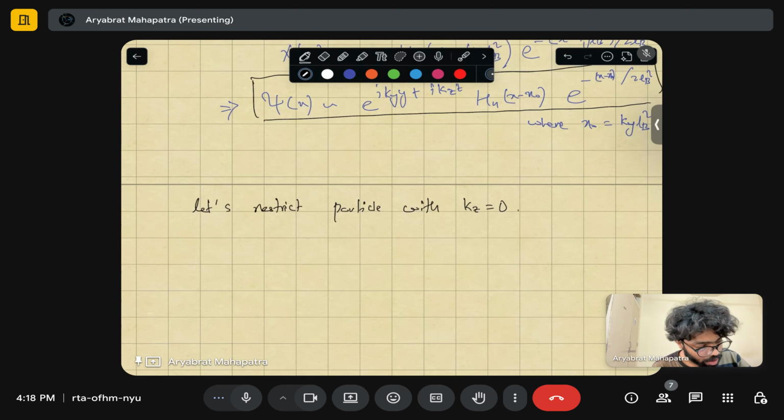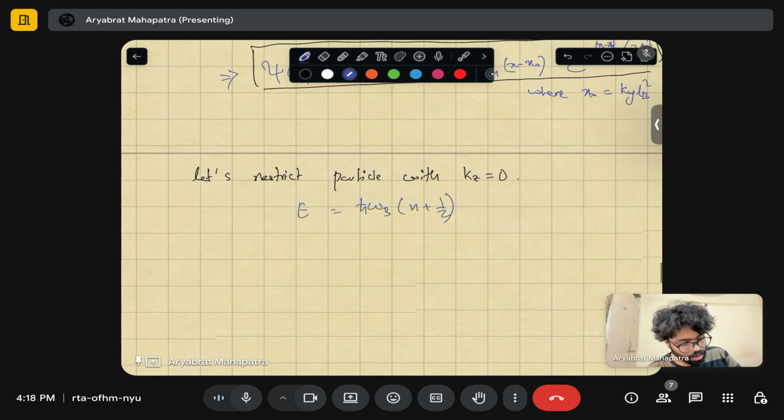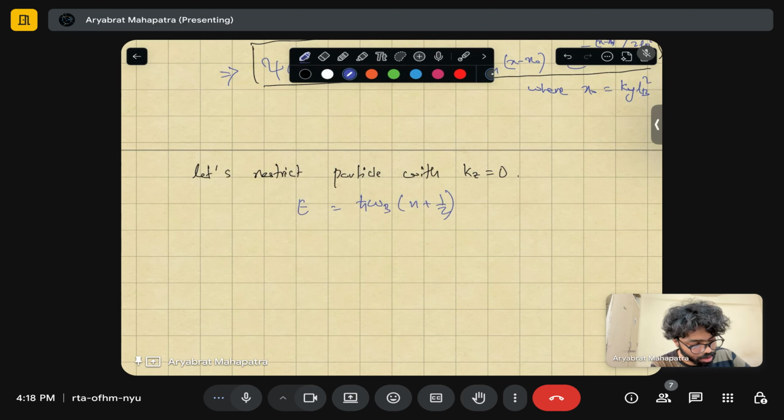You can think of it as across k_z the potential barrier is infinite, and by hand you are restricting this such that your energy then becomes h bar omega_b (n plus half). So now it is exactly like a harmonic oscillator system.